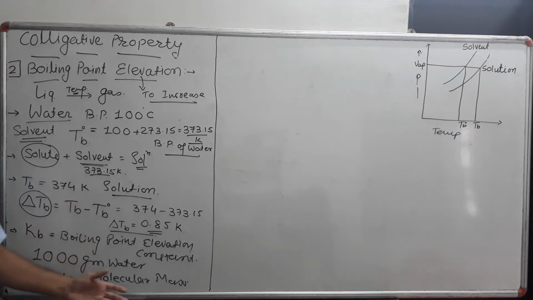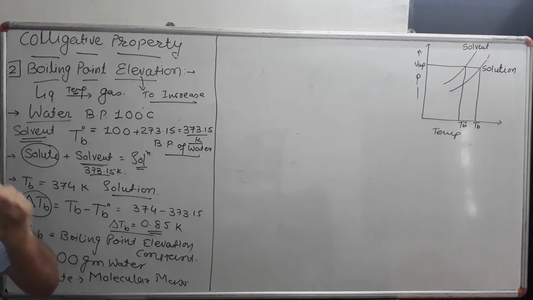As you know, NaCl's molecular mass is 58.5 gram. So 58.5 gram of NaCl is dissolved in 1000 gram water. Then we obtain the boiling point elevation, that is called Kb, the boiling point elevation constant, that is always fixed, always constant for one solute. When we change the solute or solvent, in that case the boiling point elevation constant will also change.